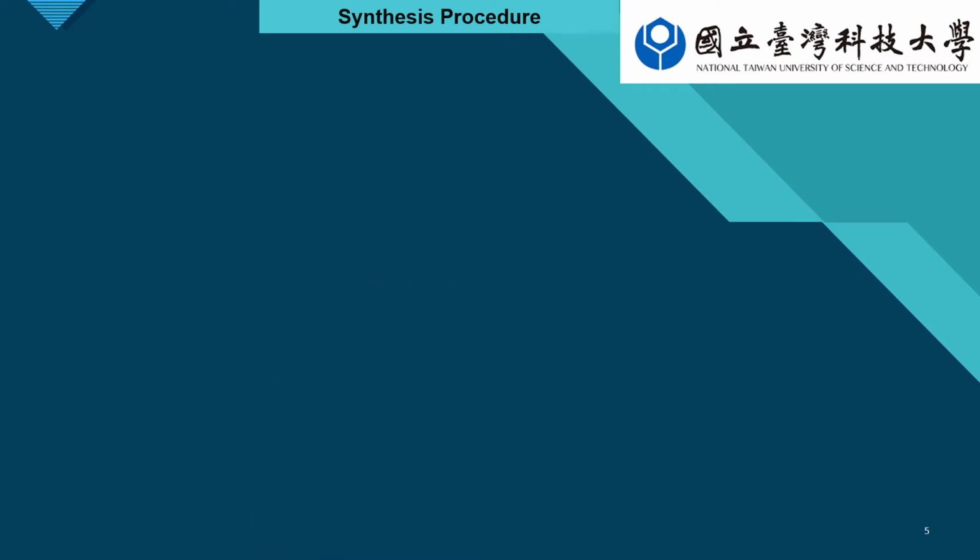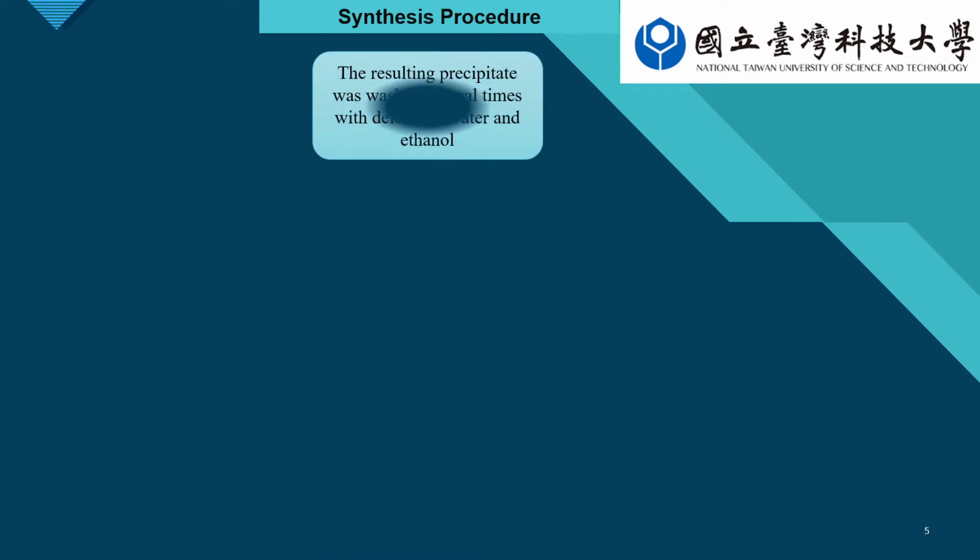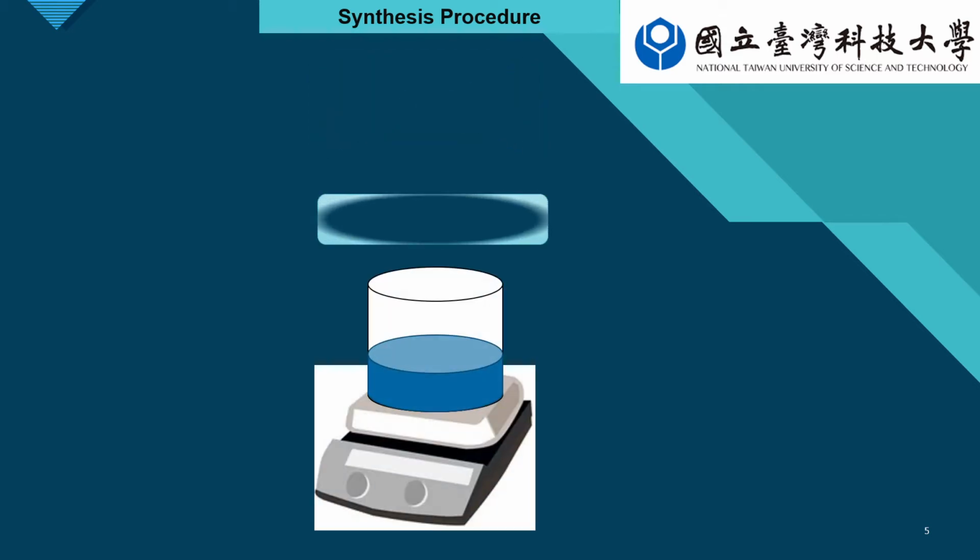The resulting precipitate was washed several times with deionized water and ethanol, and dried at 80 degrees Celsius for an hour.